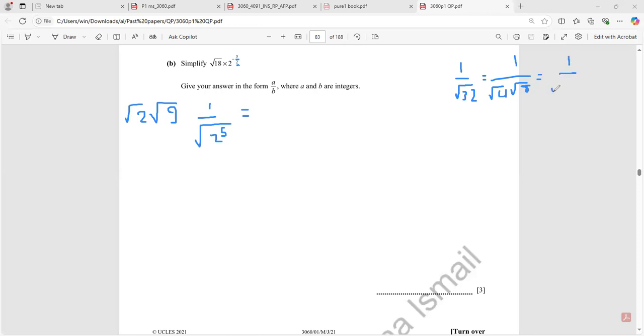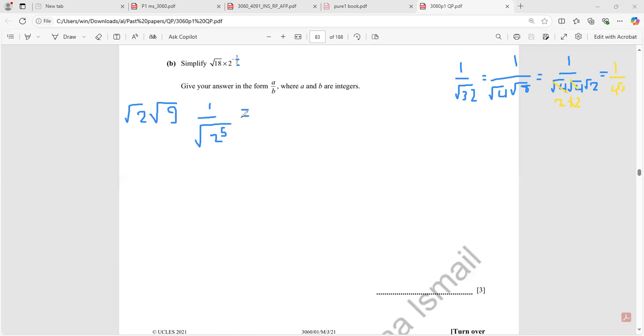So it will be root 4 multiply root 4 multiply root 2. This will be equal to 2 times 2, which is equal to 4. So it is 1 over 4 root 2.